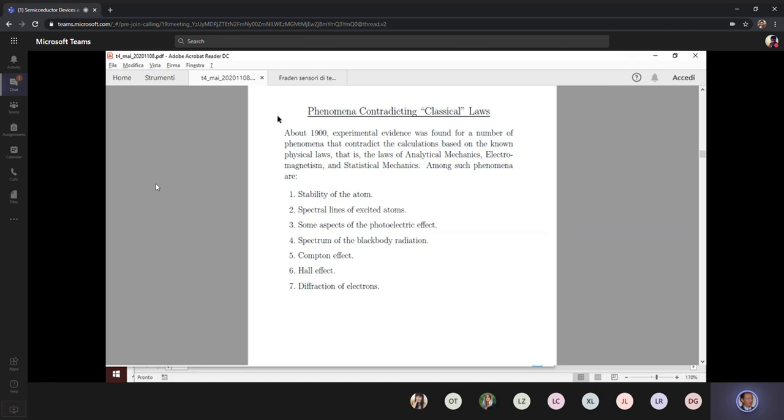So the stability of the atom in the planetary model is contradicted by the electromagnetic theory. One possible way out is that, yes, the electron radiates, but radiates very little, so that it will eventually crash into the nucleus, but in order to do so, it will take a time that is 100 times longer than the age of the universe.